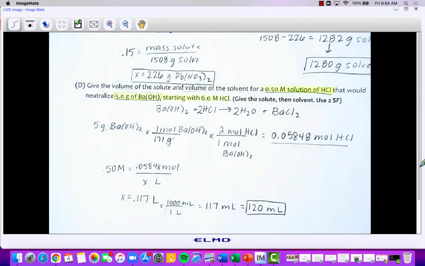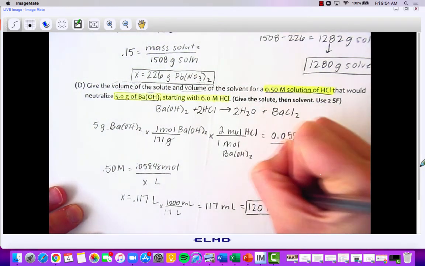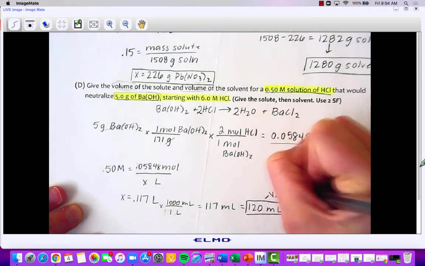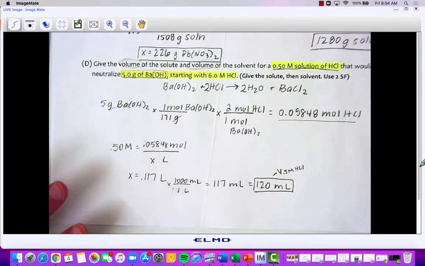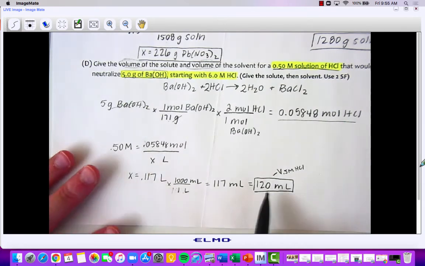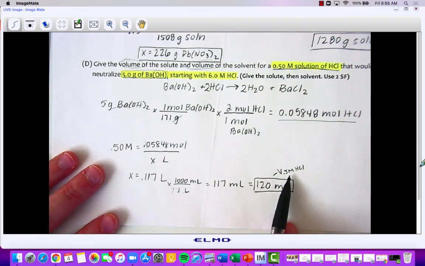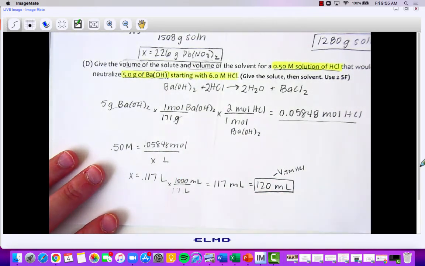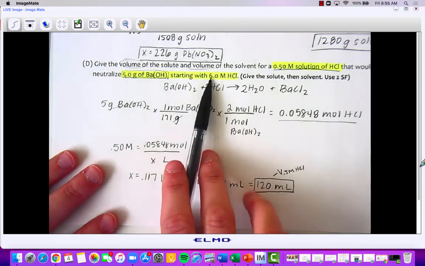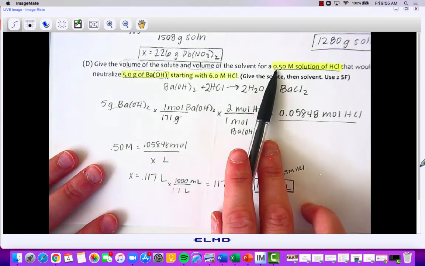So if you take a look at mastering, it says volume of 6 molar HCl and volume of 0.5 molar HCl. So this is going to be the volume of the 0.5 molar HCl. So this is the second value. Now notice that the first value is still HCl, but it's 6 molar. So if we have this volume of a 0.5 molar HCl solution, and we're starting with a 6 molar HCl solution, we're going from a higher concentration to a lower concentration of the same thing.